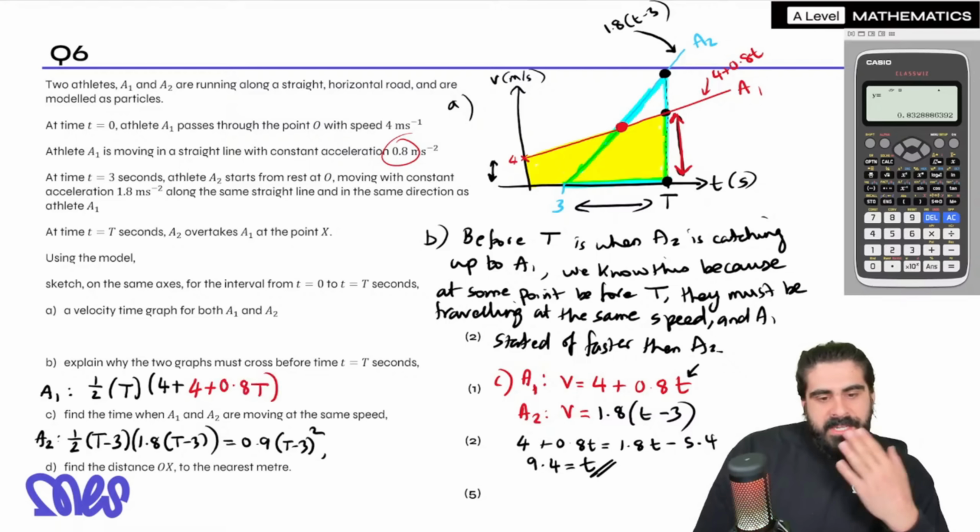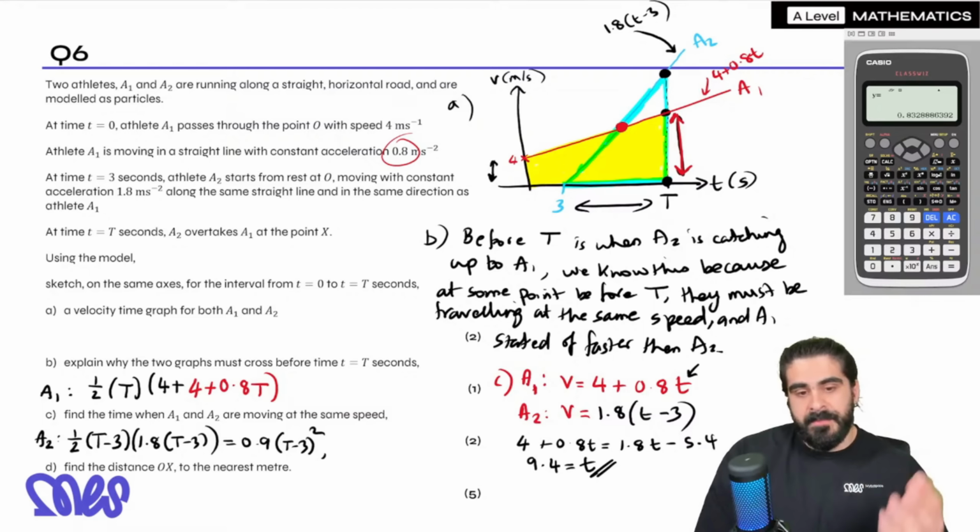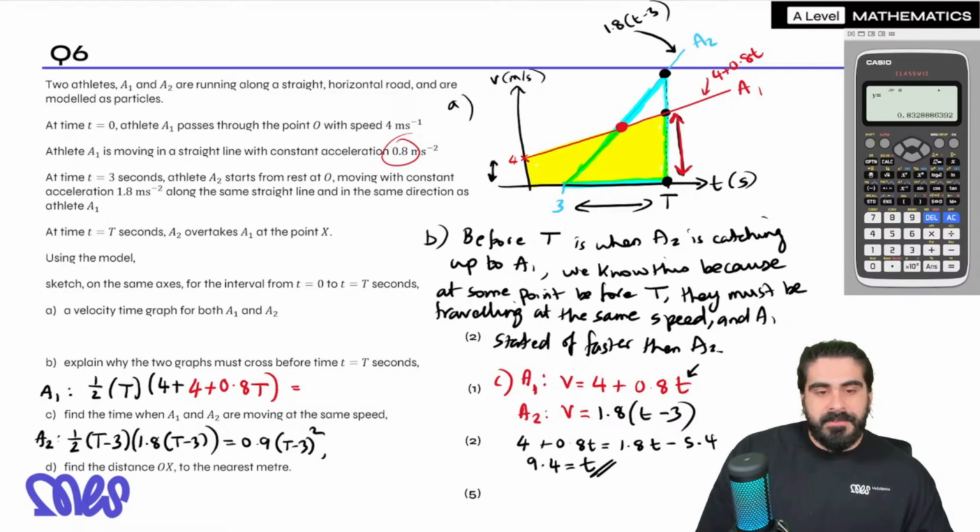All right, and then we need to equate them, find out what capital T is, and then sub it into one of them to find the distance traveled. Yeah, we have a half T times 8 plus 0.8. Okay, so let's expand and solve. So we have 4t plus 0.4t squared.